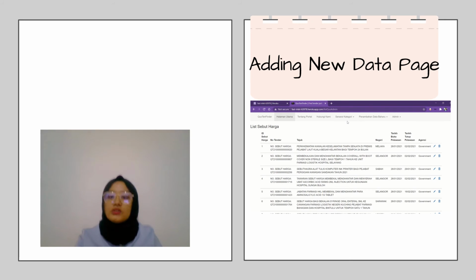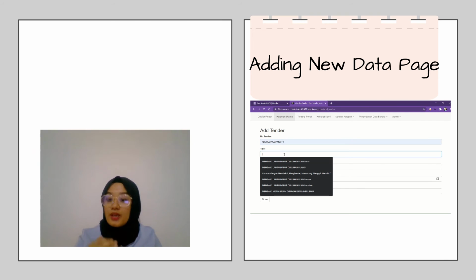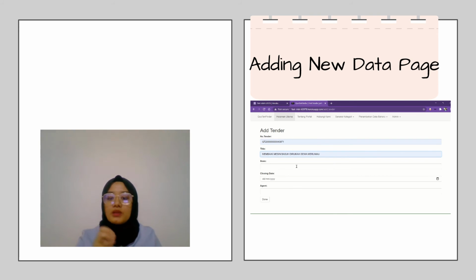Next is adding new data on this page. Here, on the navbar, we can see they can choose to add data to the tenders or the quotations. Here, we choose add tenders. So we just input all the information in the form.